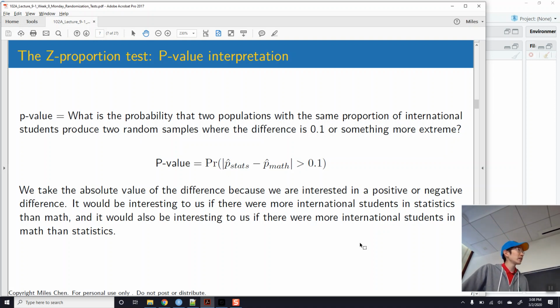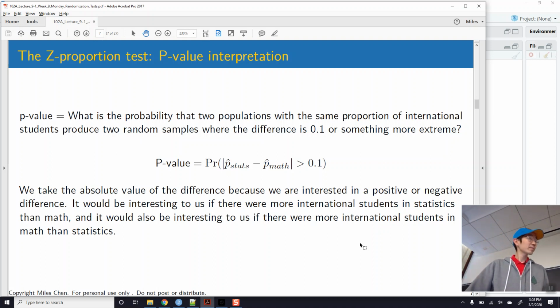Because our alternative has the not equal sign, we're interested in both a positive difference of 0.1 or a difference of negative 0.1 or something more negative. So we put an absolute value around p hat stats minus p hat math, and we want to know the probability that the absolute value is greater than 0.1.